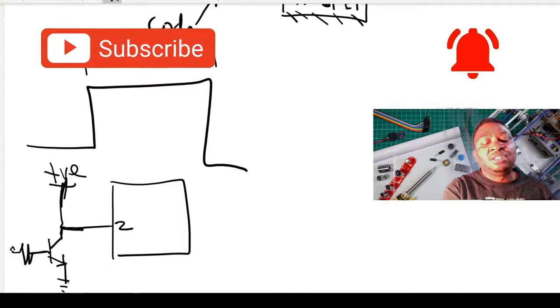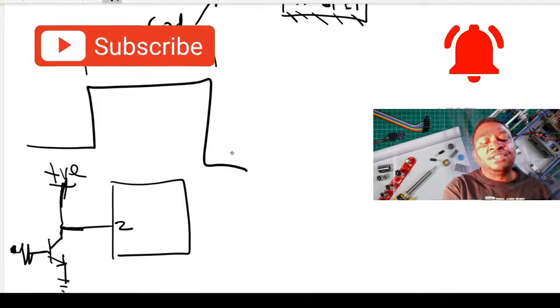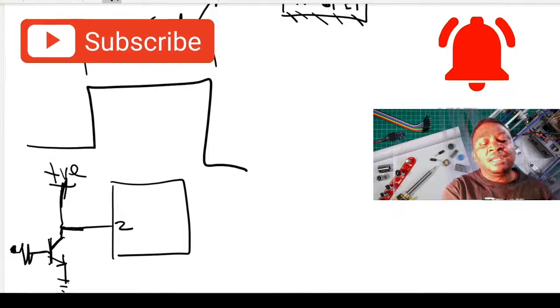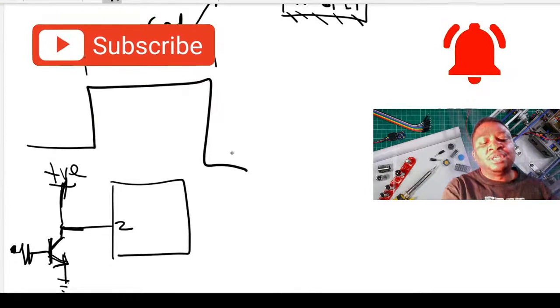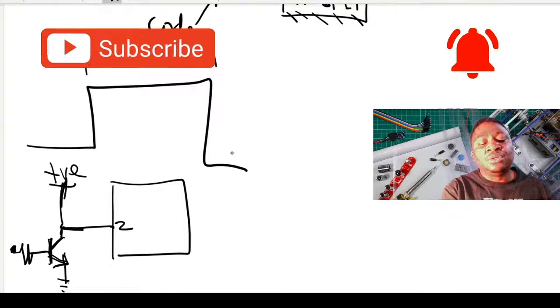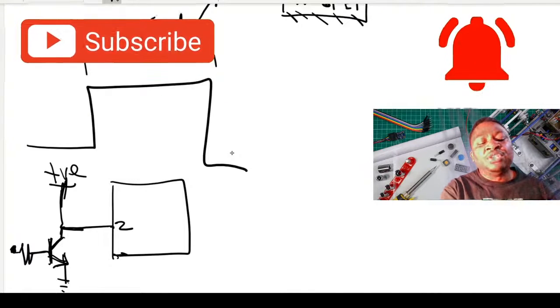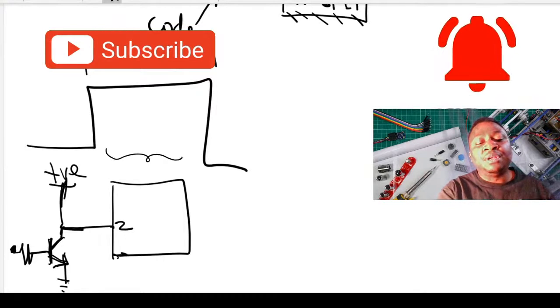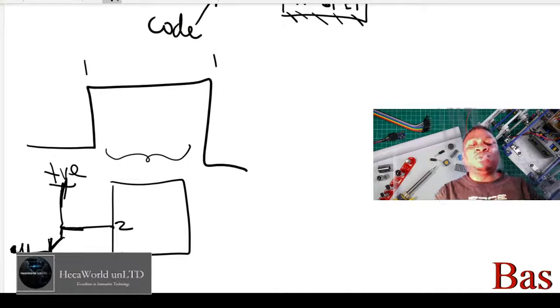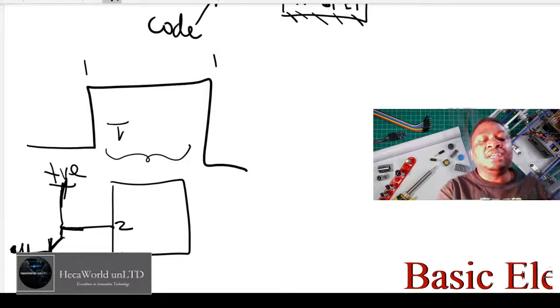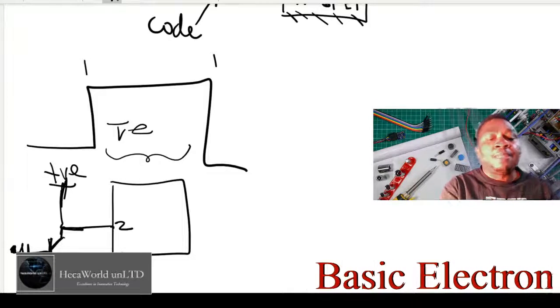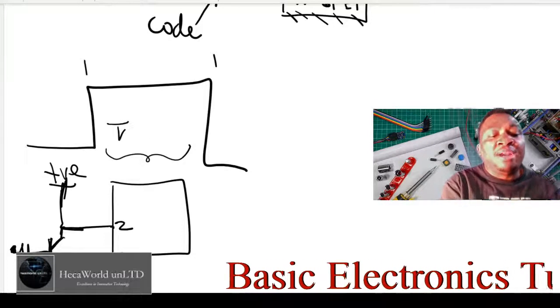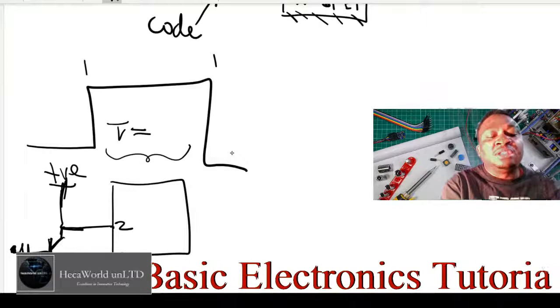Once you get the condition wrong, this signal shows up and enables this transistor. The transistor pulls down pin 2. Even though it's momentary, the monostable interval starts, which is this period. However much delay or time I want to include, you make sure it's covered by this T. So this is your delay.